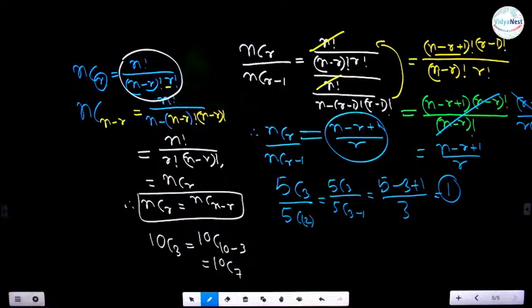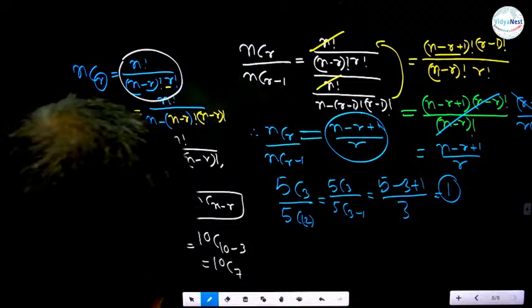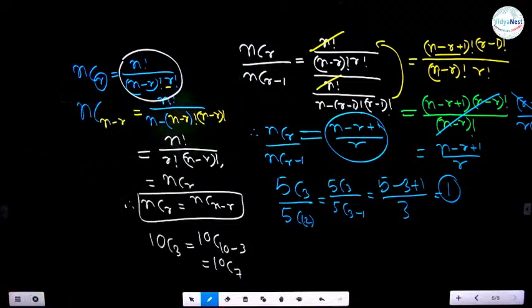Now, this proof work is a little bit monotonous, but see, we cannot avoid it. For example, I am referring to one question.